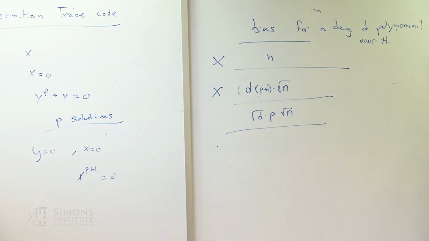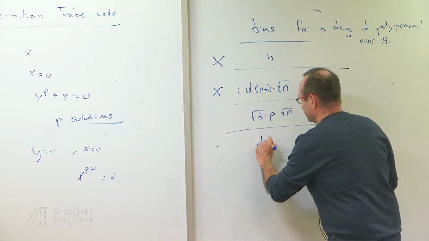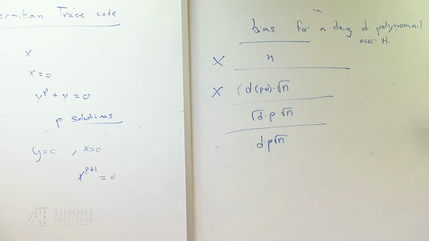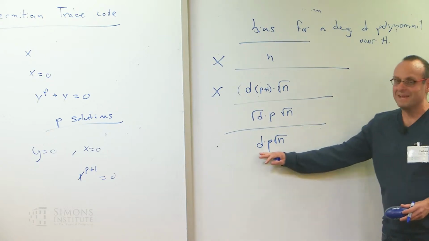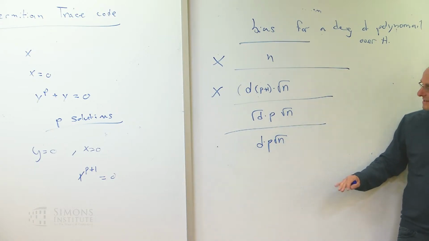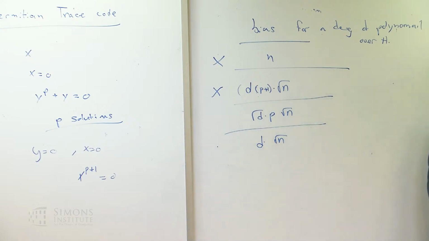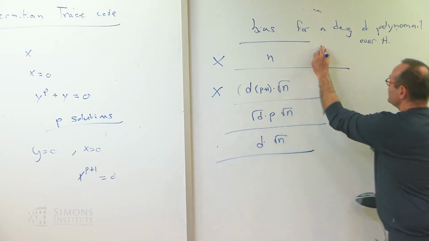Maybe Swastik knows. No. And it's also possible, Swastik wrote that it might be the case that the bias is d times p root n. Okay, if you think, so, d times root n. Right? Okay, good.